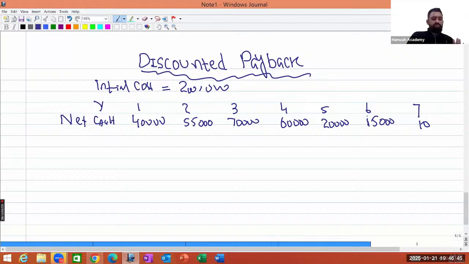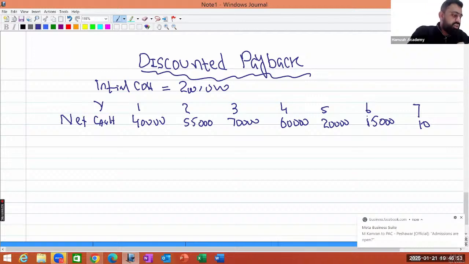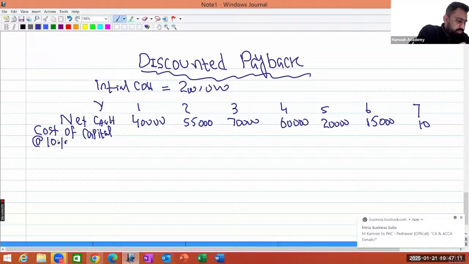Now, in a discounted payback period, we use the discounted cash flow. And to calculate the discounted cash flows, we need a cost of capital to discount the cash flows. Let's say we assume the cost of capital of the company is 10%.